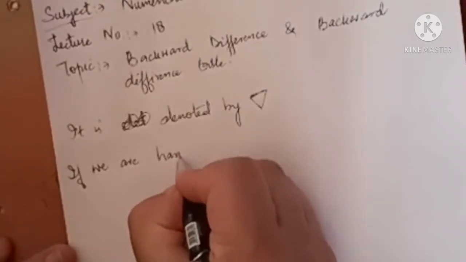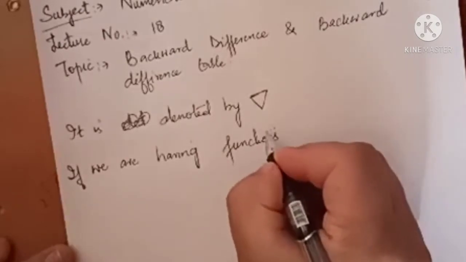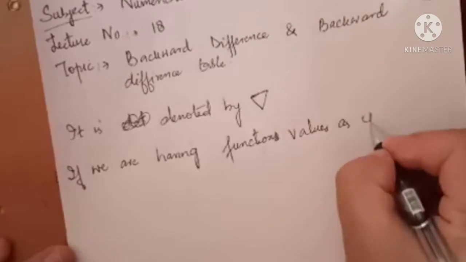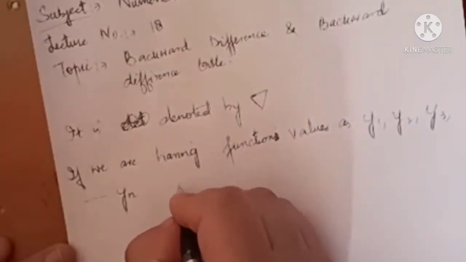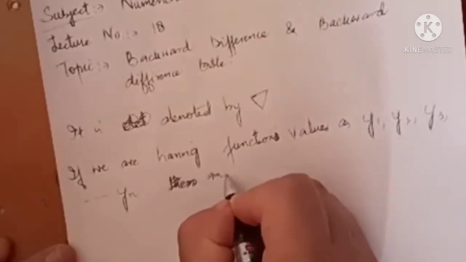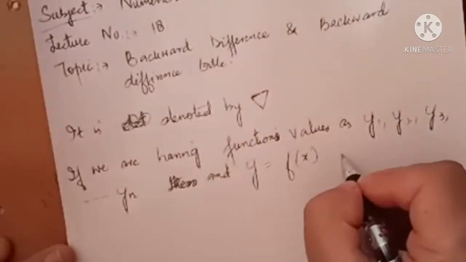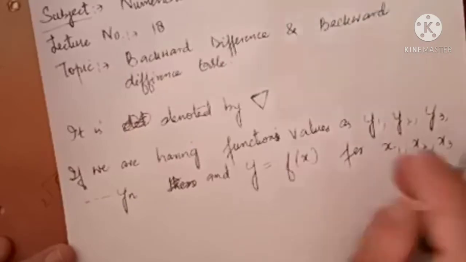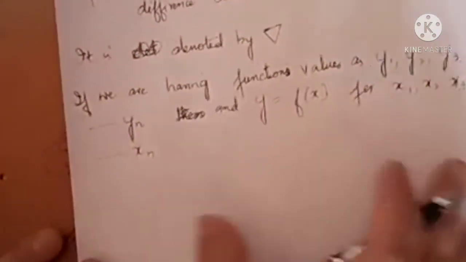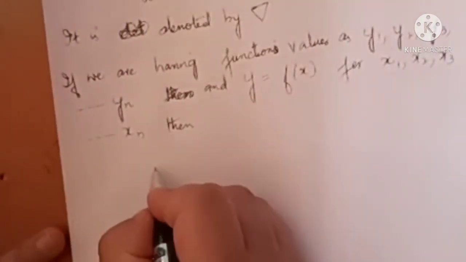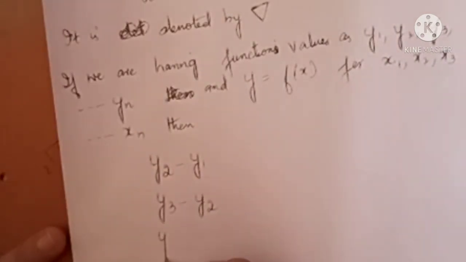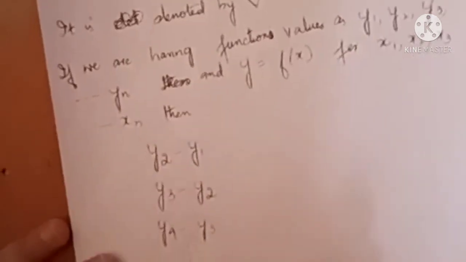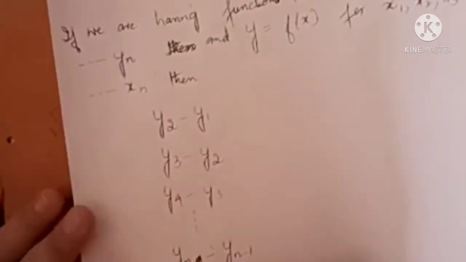If we are having function values as y1, y2, y3 up to yn, and y is equal to f of x for x1, x2, x3 up to xn, then y2 minus y1, y3 minus y2, y4 minus y3, and similarly yn minus y(n-1).